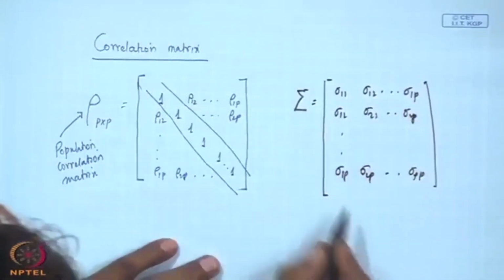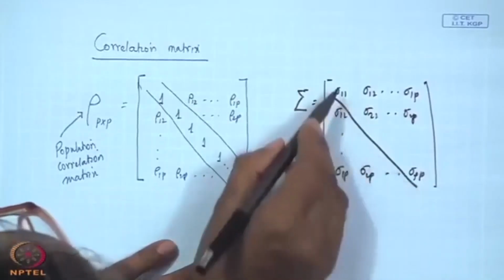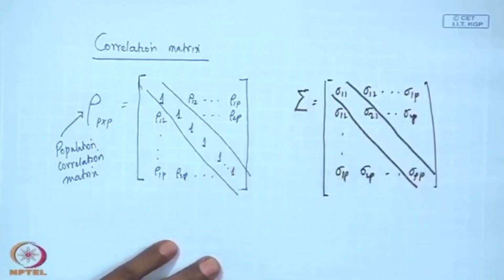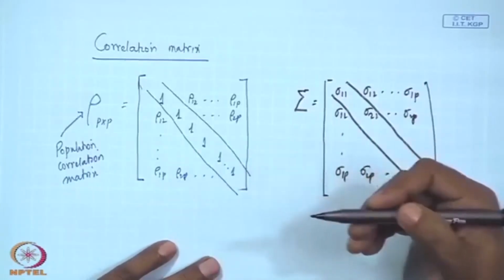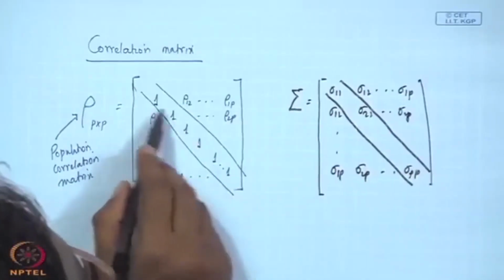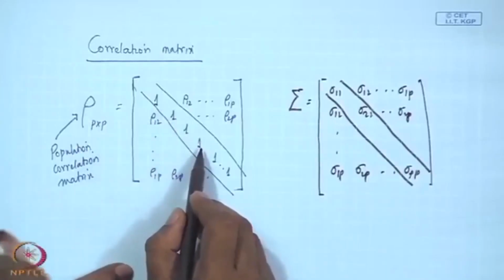So, the crux of the matter is the diagonal elements are variances, that means the same variable varying with itself. Similarly, here the diagonal element is the correlation.